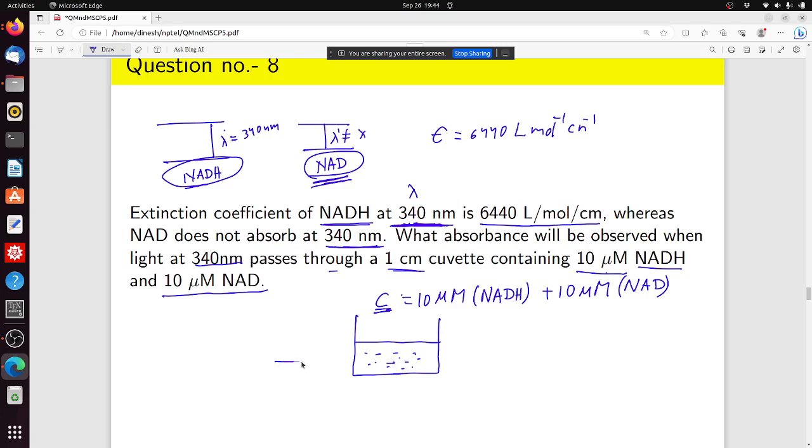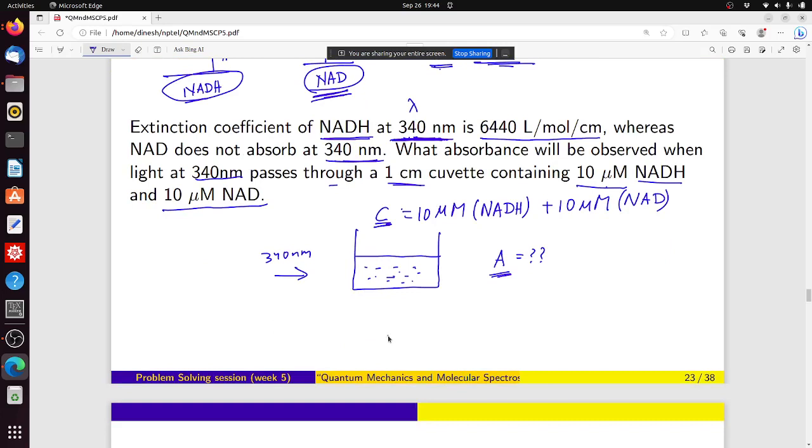Okay, so we are applying 340 nanometer light on this solution, and we have this extinction coefficient to be this much. Then in this case, how much light will be absorbed, that means what will be the absorbance? Okay, so it's pretty straightforward. A is nothing but epsilon C L. L is also given, this is 1 centimeter, and epsilon we have, concentration we have.